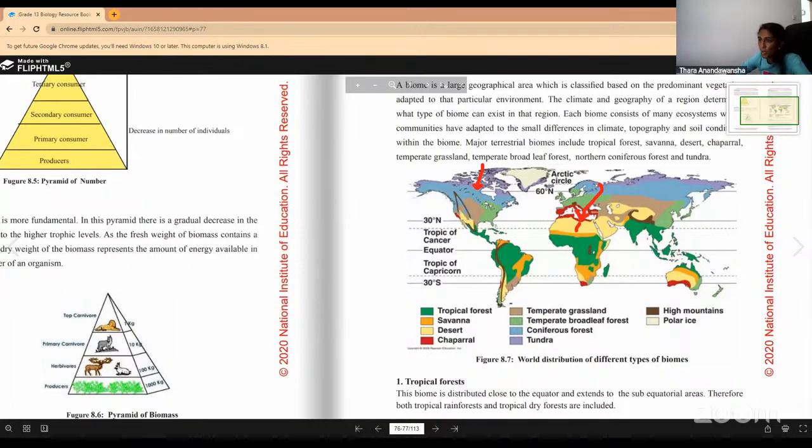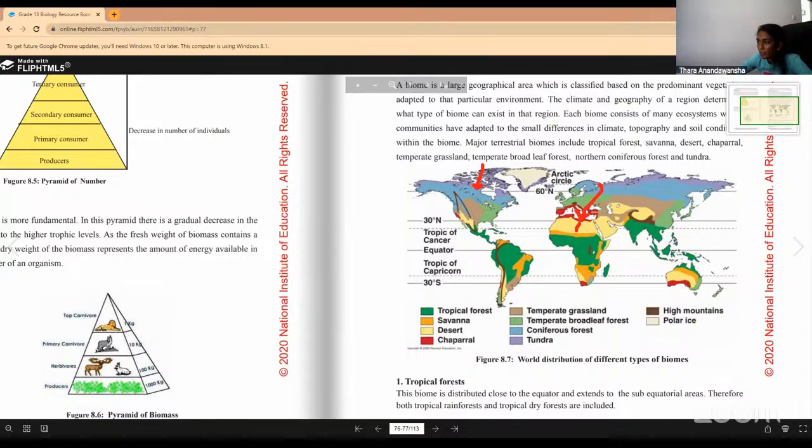C is wrong. D, tundra, temperate broadleaf forest. Okay. Coniferous forest. No, coniferous forest is found before that, so D is also wrong. Tundra, coniferous forest, chaparral.